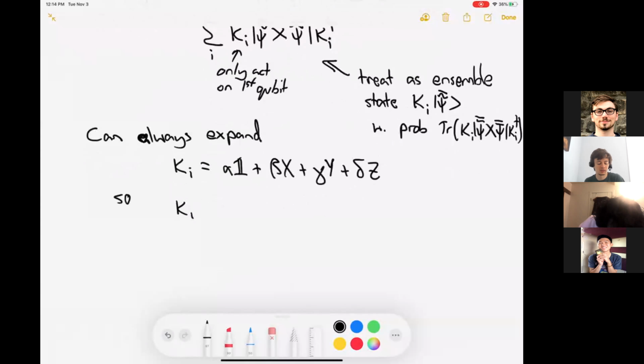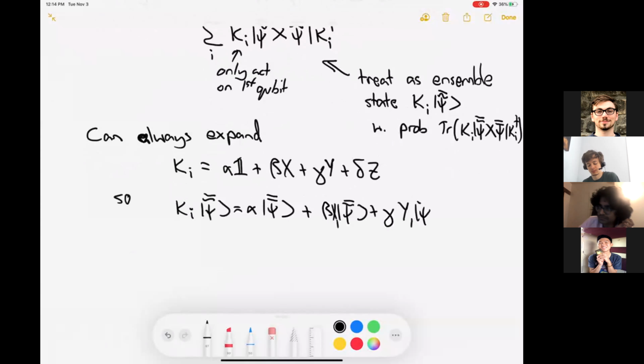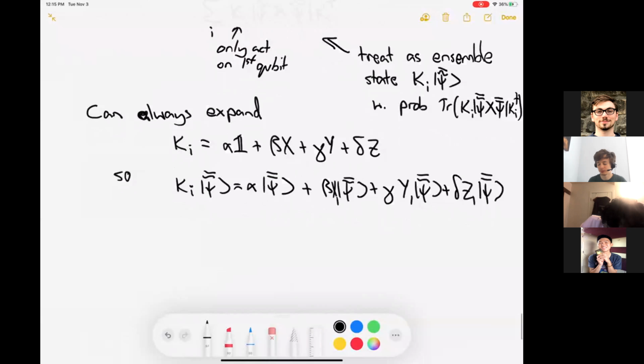So ki psi double tilde is alpha times psi double tilde plus beta times x1 psi double tilde plus gamma times y1 psi double tilde plus delta z1 psi double tilde. Tildes have got a bit straight there.